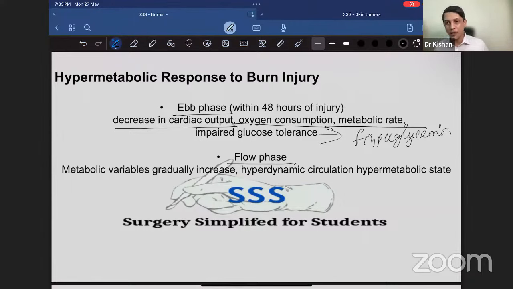Initially there was hypometabolism, it's a catabolic state. Slowly it will turn into an anabolic state. This question is usually not asked. If asked, just like any response to any metabolic injury, in burn injury also, it contains ebb phase and flow phase. Initially catabolic state, then slowly they recover by anabolic phase. This you can write in 2 lines.